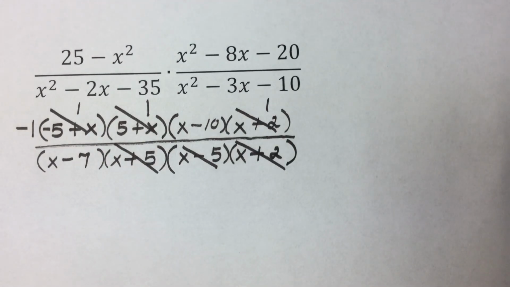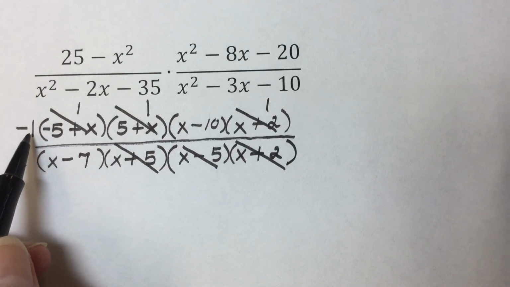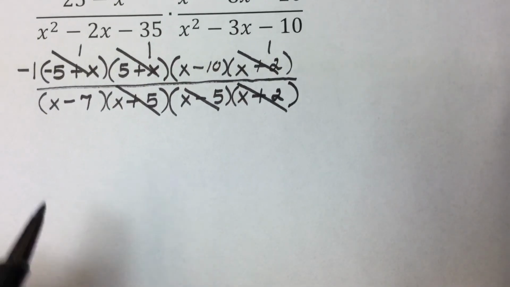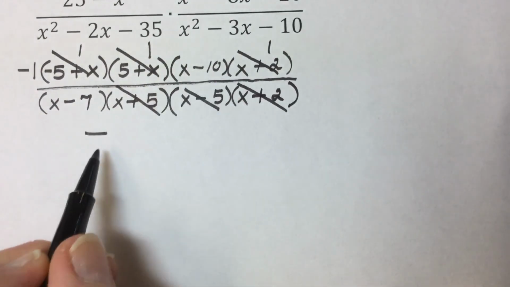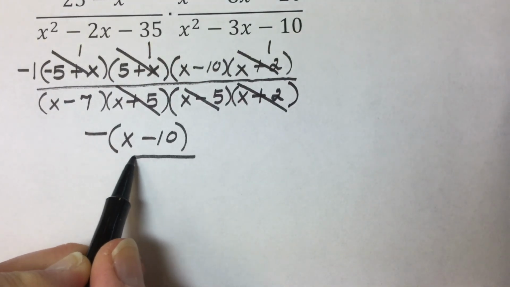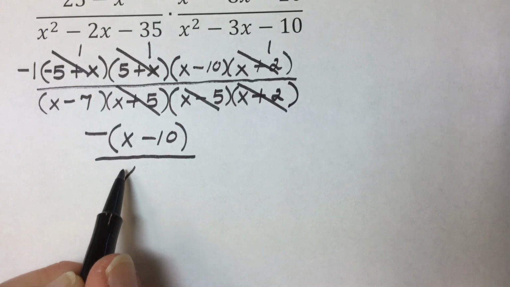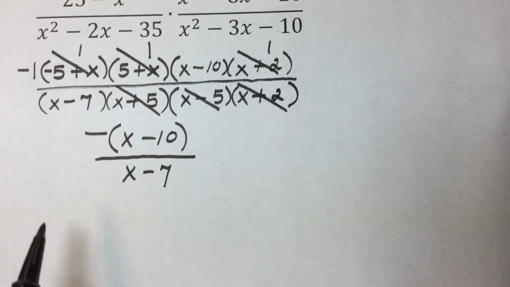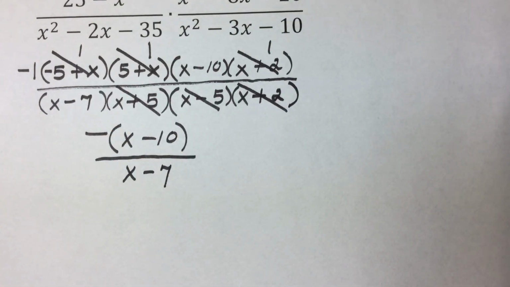What's left then is the minus 1 that we factored out, along with the x minus 10 factor in the numerator, and the factor of x minus 7 was the only remaining factor after simplifying for our final simplification of that multiplication problem.